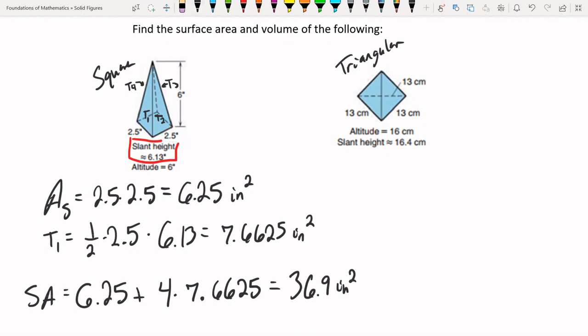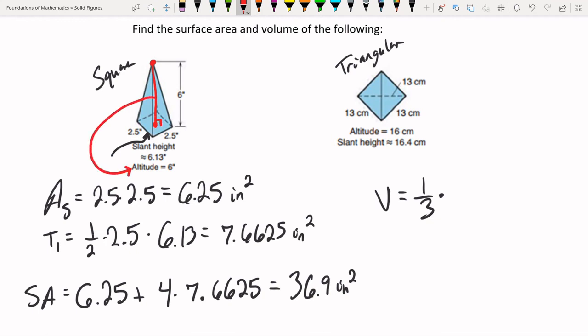Now to find the volume of it, the volume of the square pyramid is going to be 1/3 times the area of the base. The area of the base is this bottom part here. It's always opposite the point. So this is the point right here, and going straight down from that point gets us to the square. And this distance here is the altitude.